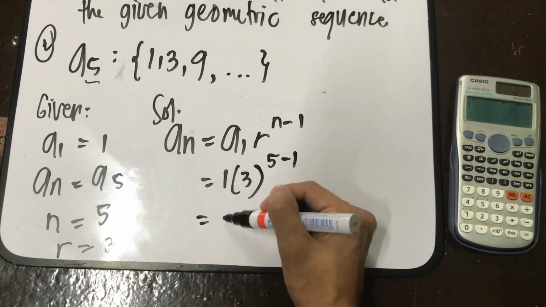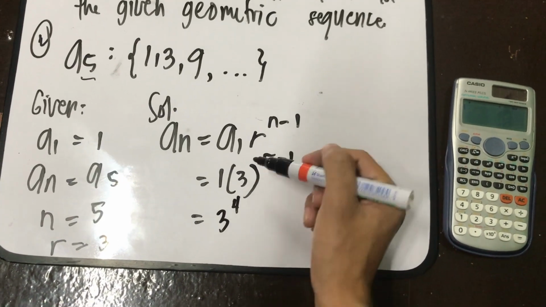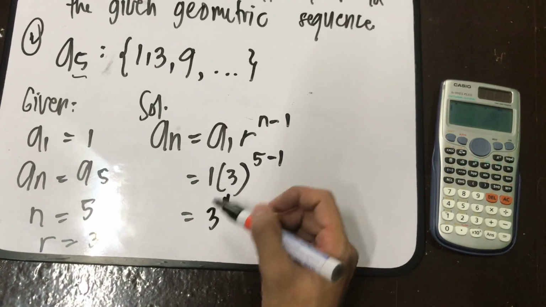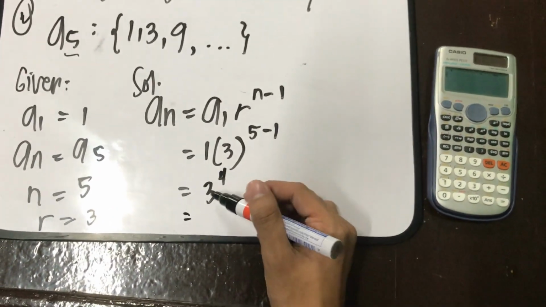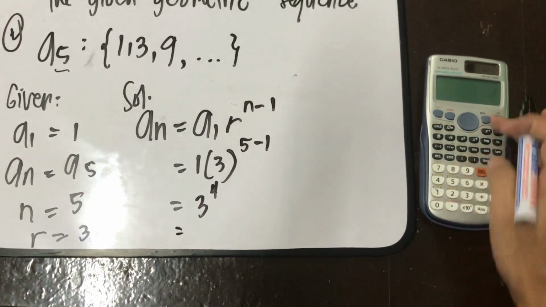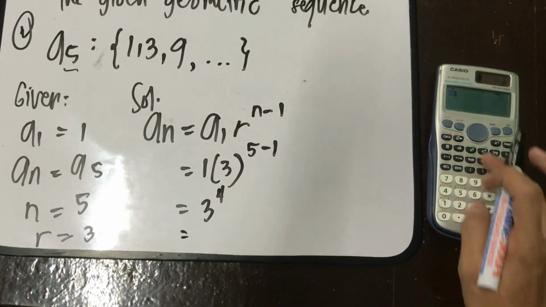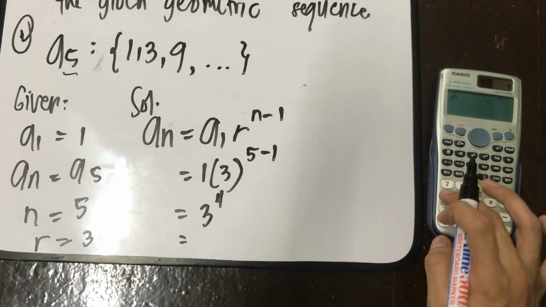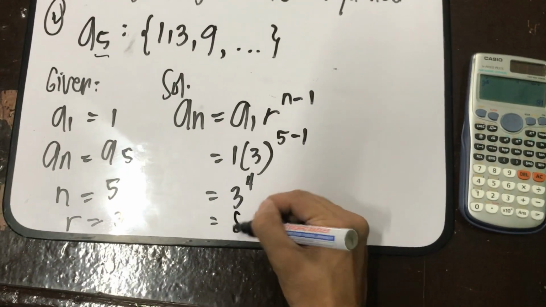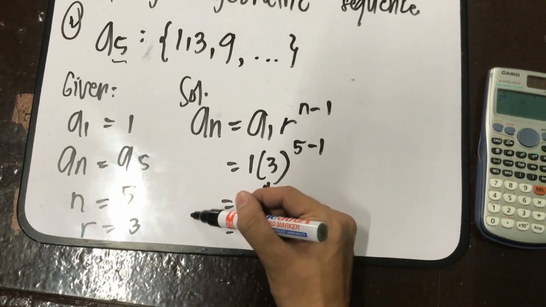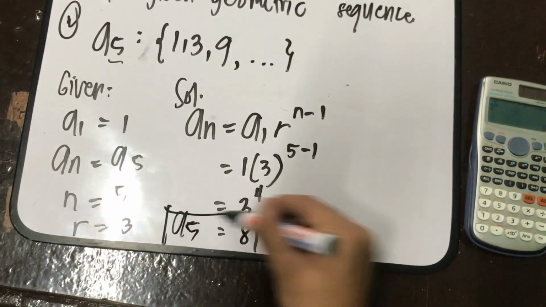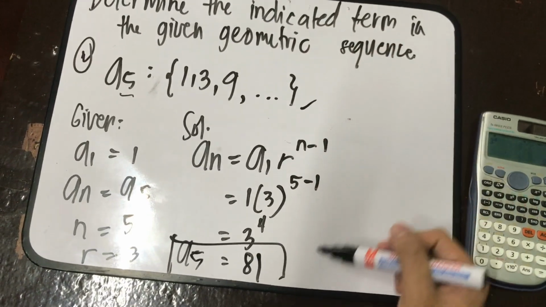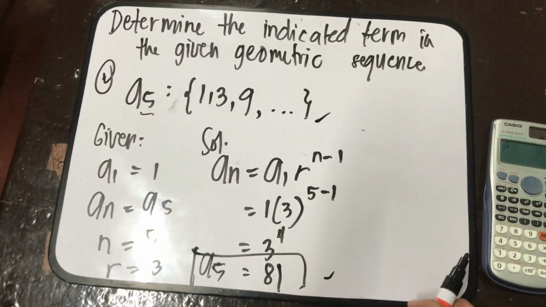So we have 3 raised to 4. Since 1 times 3 is 3 naman, and 3 raised to 4 is equivalent to 81. Ibig sabihin, ang ating fifth term on this geometric sequence is 81.